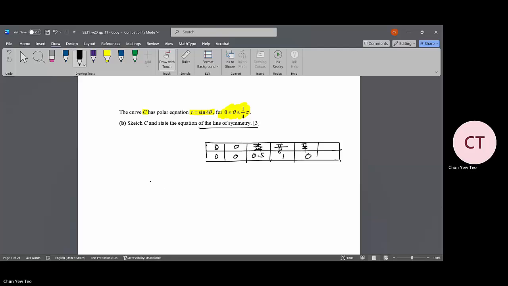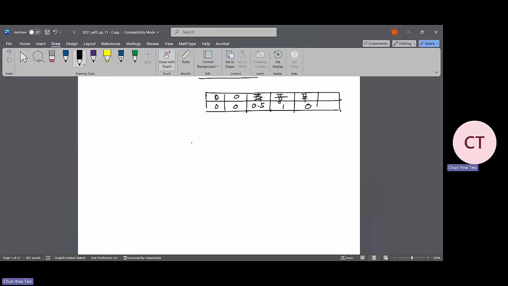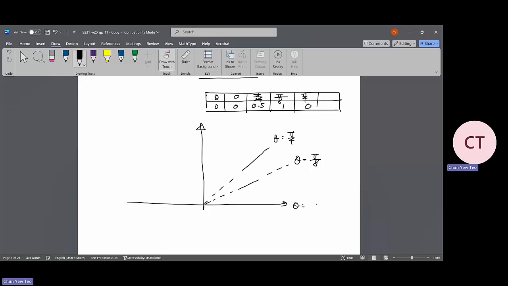Okay. So you can see that we can start to plot the polar curve. This is pi over 4. Bisecting it, you get pi over 8. This is theta equals 0. Then pi over 24 is a bit small here, the angle, somewhere over here.